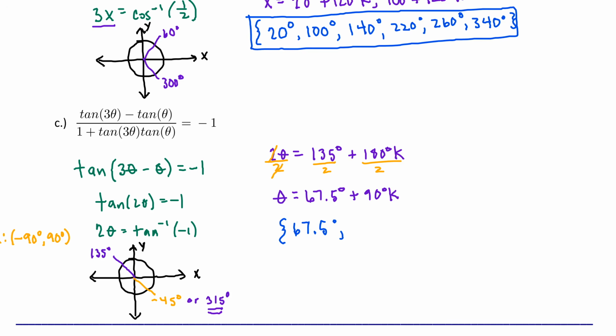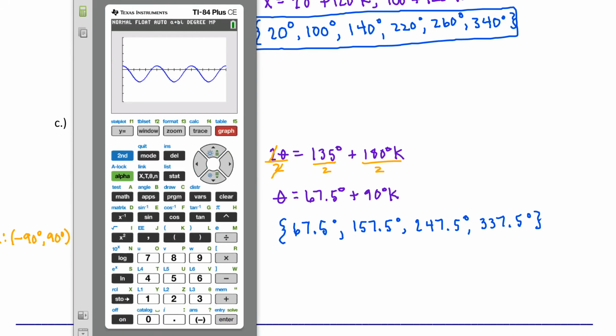Adding 90 degrees to that, we get 157.5 degrees. Adding another 90, we get 247.5 degrees. Adding one more 90, we get 337.5 degrees. And if we go any further, it will be out beyond 360 degrees.